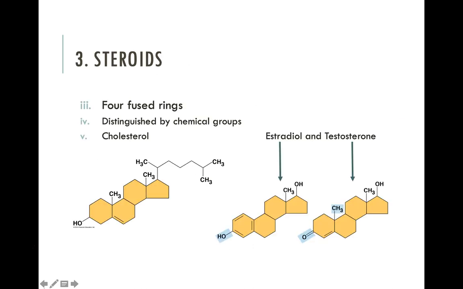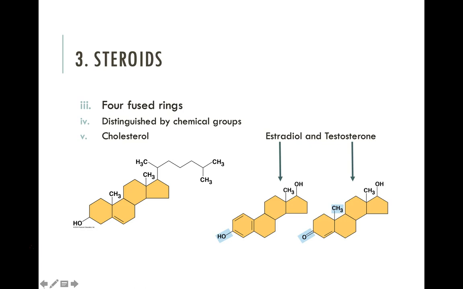Our last type of molecule are the steroids. So steroids are hormone precursors. So they are a lipid because they are hydrophobic, but they are a very different structure than either the fats or the phospholipids. Steroids are made up of 4 fused rings, and they differ by their chemical groups.